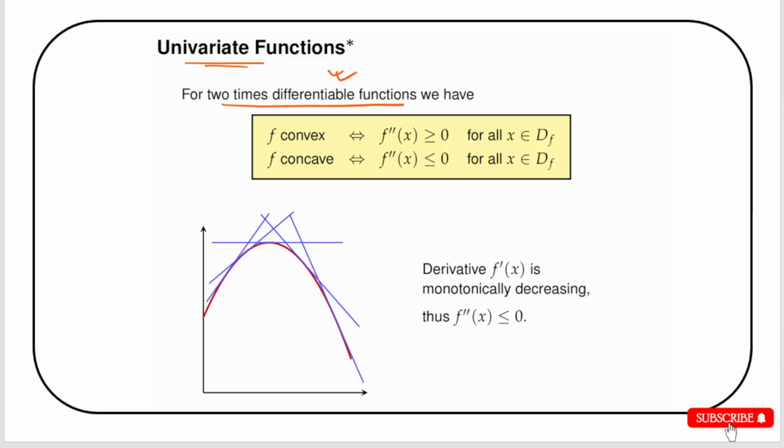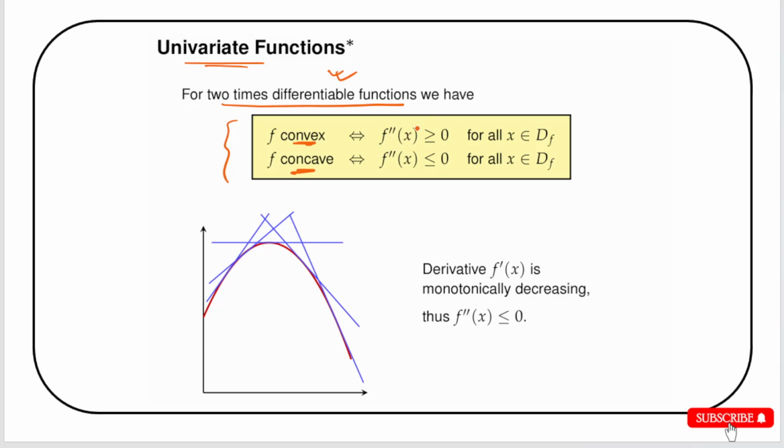This is a prerequisite. Then f will be convex if the double derivative is greater than or equal to 0 for every x in the domain, and it will be concave if it is less than or equal to 0 for every x in the domain. This is a very simple way of checking things.